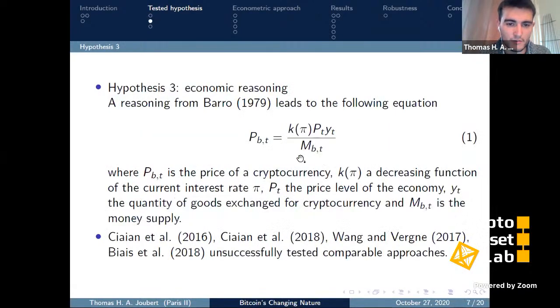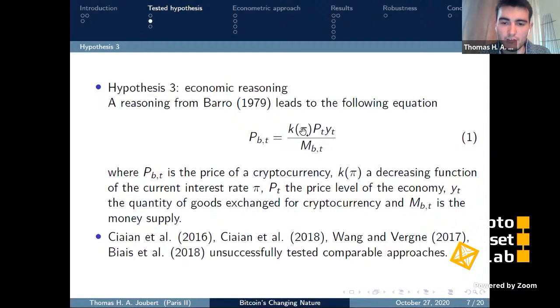My first hypothesis is an economic reasoning derived from Barro. In this equation, you can see the price of Bitcoin, that is a function of the interest rate, the money supply, the price level of the economy, and the quantity of goods that are exchanged for cryptocurrencies.